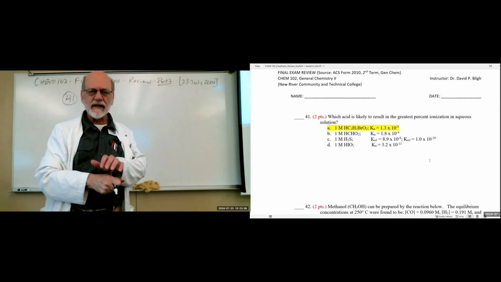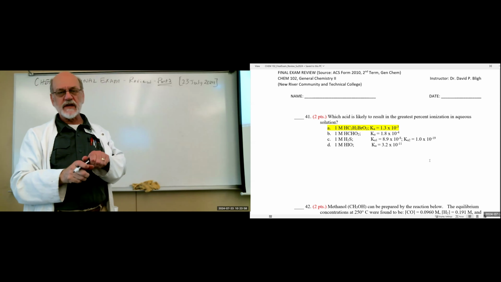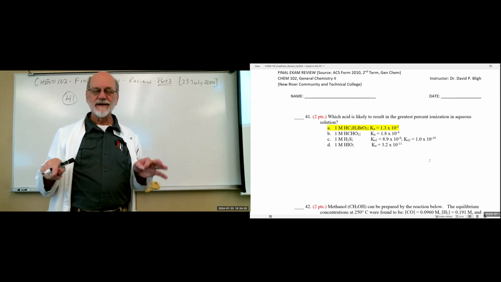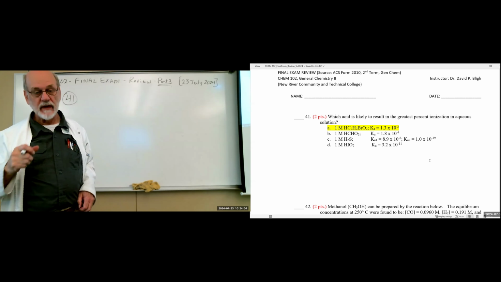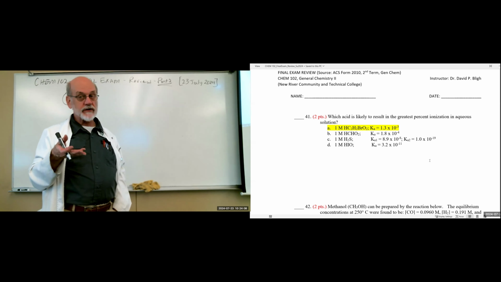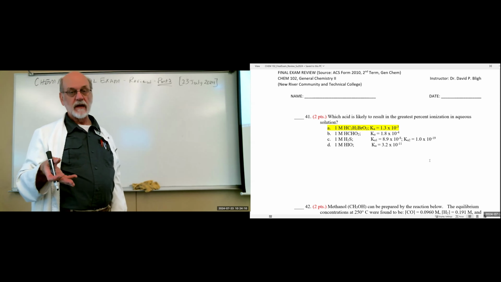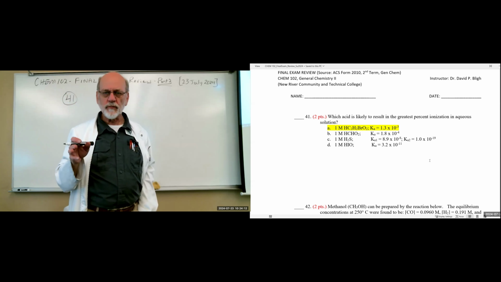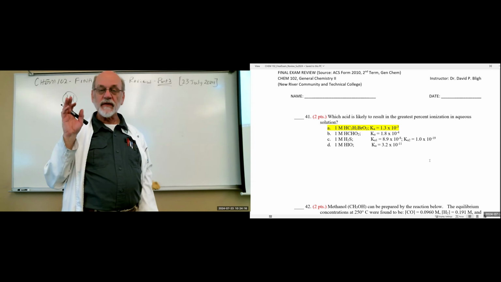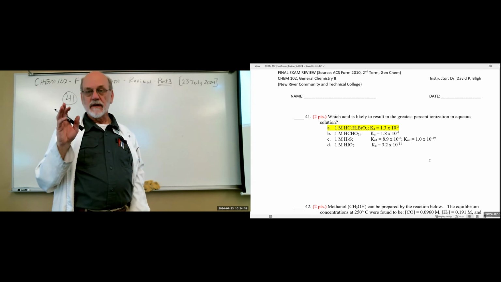Which acid is likely to result in the greatest percent ionization in aqueous solution? The greatest percent ionization. They're all the same concentration, so it's not concentration dependent. The one that will ionize to the greatest extent is the one that has the largest K value.